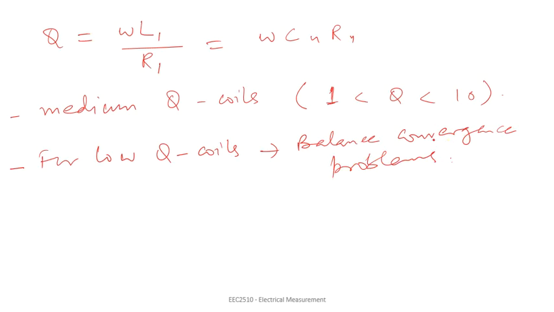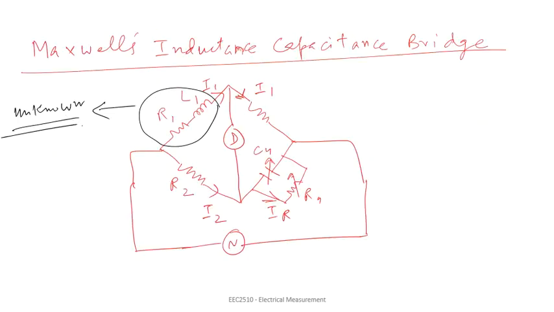Just as I discussed, the usual procedure of balancing the Maxwell's bridge is that you first adjust R2 for inductive balance, and then you go to R4 for resistive balance. By adjusting R4 you can have resistive balance. But if you return to the R2 adjustment, you will find that the resistive balance is disturbed and moves to a new value.